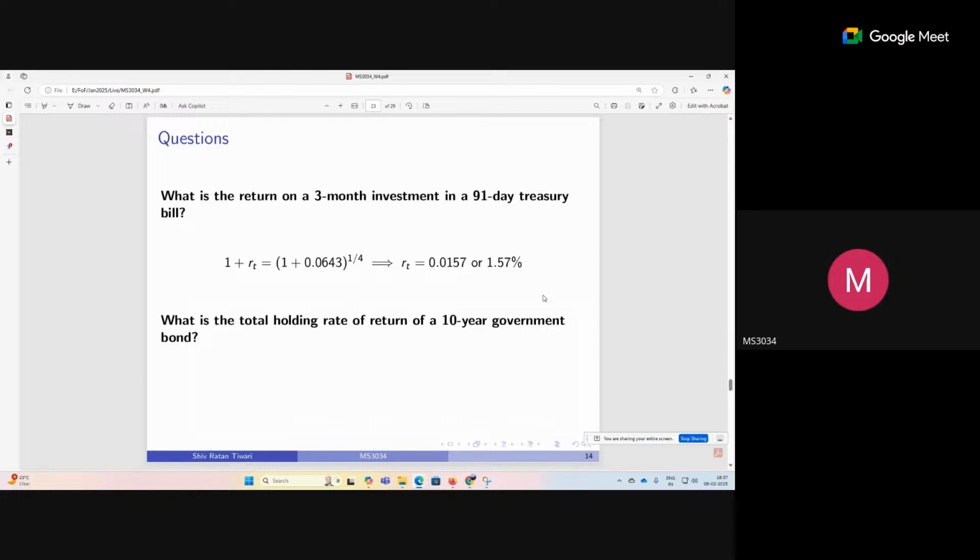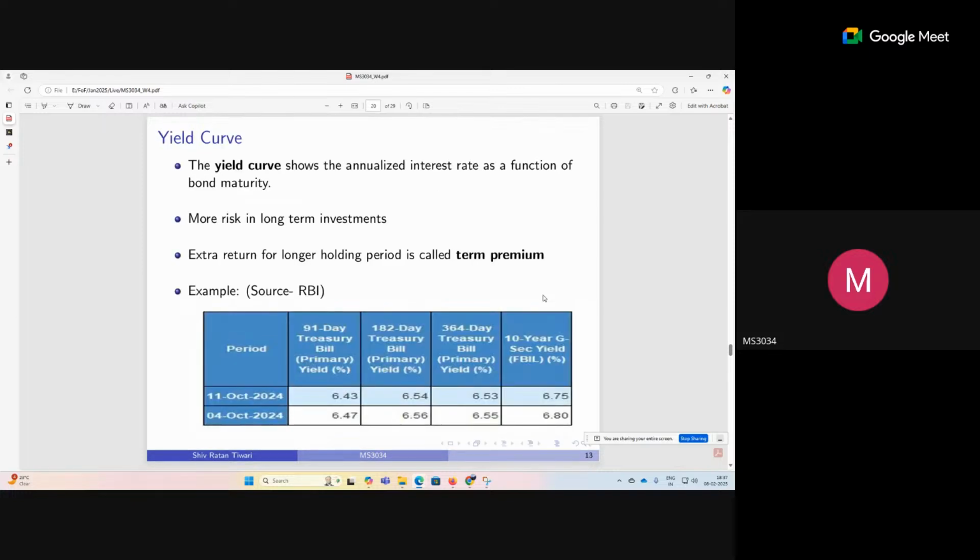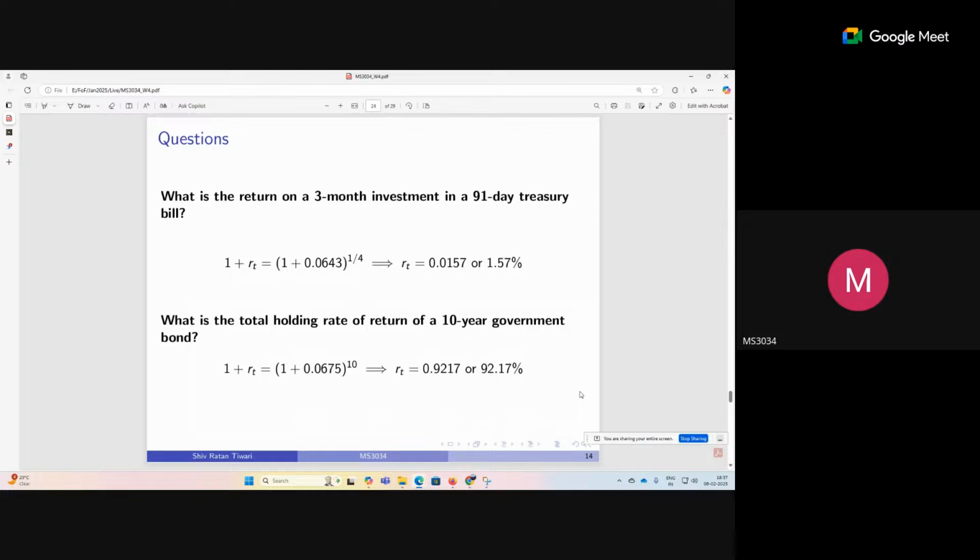Similarly, if someone asks you what is the total holding rate of return of a 10-year government bond, the annualized rate of return is given to you as 6.75%, and if you use that, then you can calculate the total holding rate of return, and that is 92.17%.